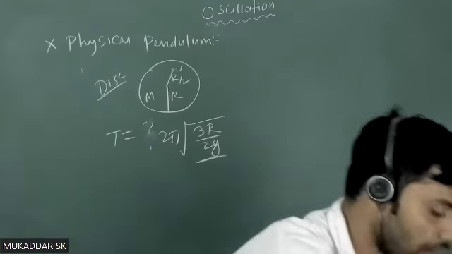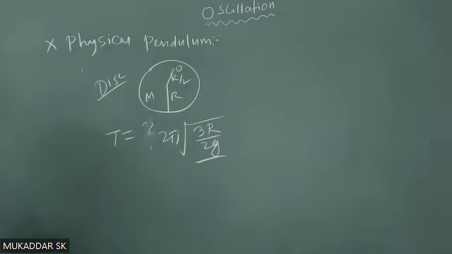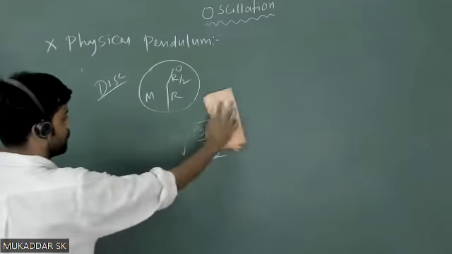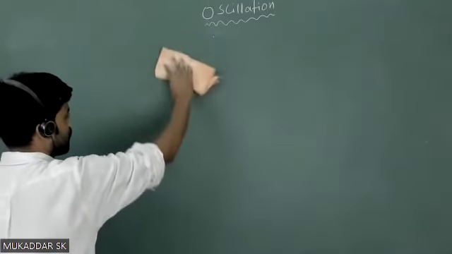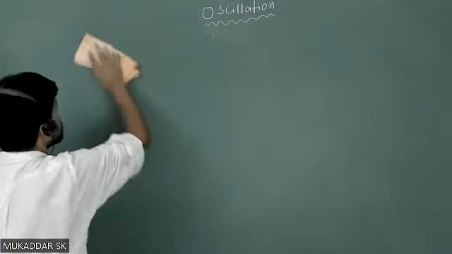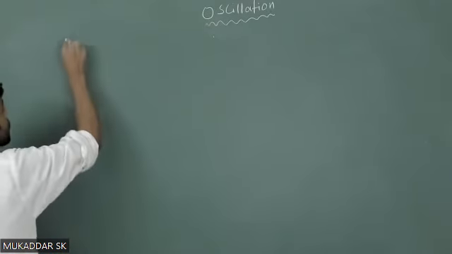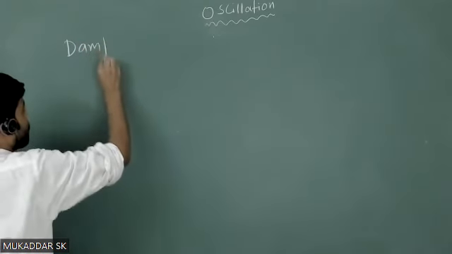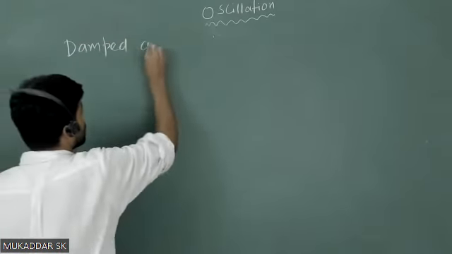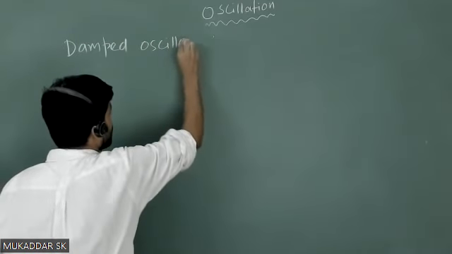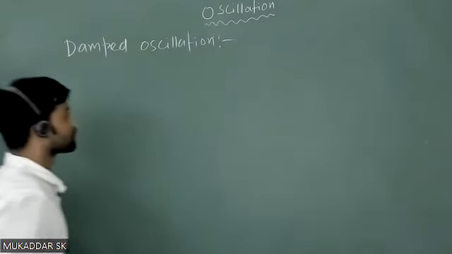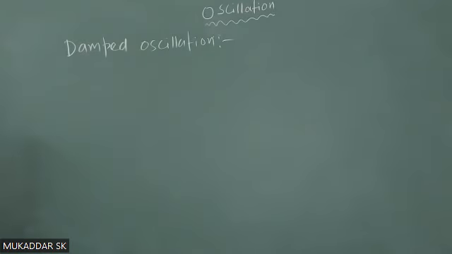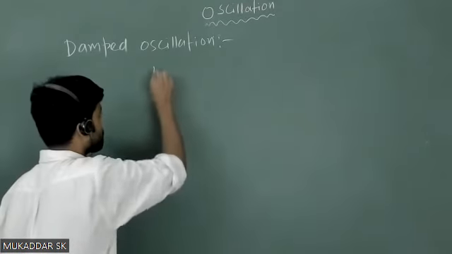Okay. Now we'll move to the damped oscillator. Suppose you have a spring mass system.